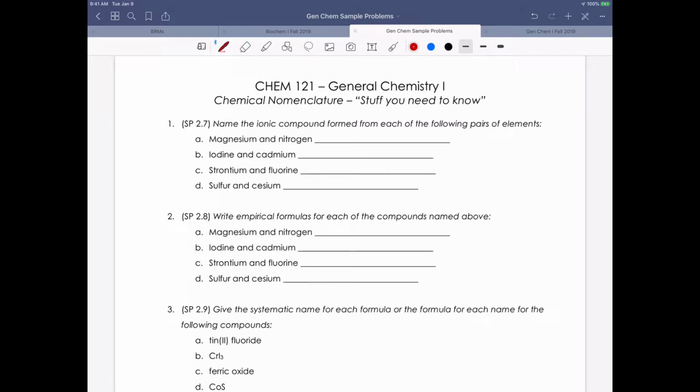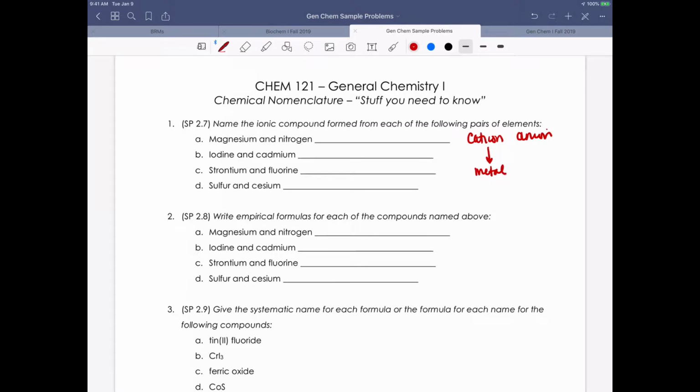So this first sample problem asks us to name the ionic compound that's formed from each of the following pairs of elements. A few things we need to think about: when we are naming ionic compounds, we're always going to name the cation first and then the anion. The cation is named just as you see it on the periodic table, and then we need to do a little bit of modifying for the anion. The cation, when we have ionic compounds, is always going to be our metal.